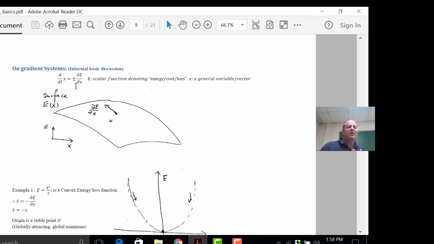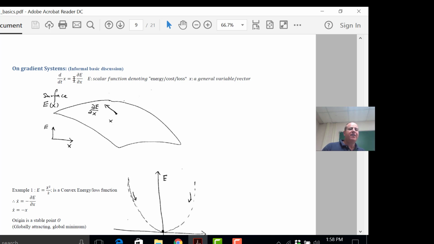And gradient descent or ascent, depending on whether you put a positive or negative sign. Negative means you're going from one energy level, one cost level, to a lower energy level, a lower cost function. But equally, you can move to a higher cost function. You can go to the maximum if you want to.